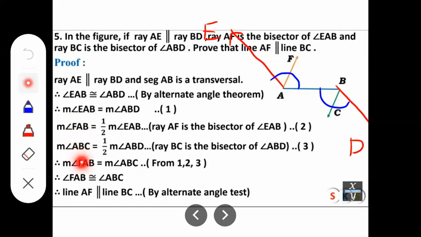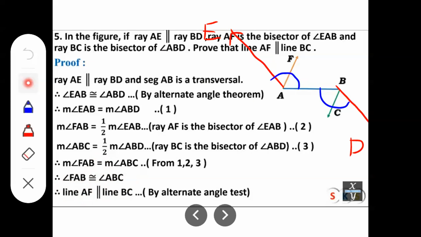So let's write it: measurement of angle FAB is equal to measurement of angle ABC. This is the left side of both equations, and the reason you will write here is equations 1, 2 and 3. Now as their measurements are equal, the angles are congruent. So angle FAB is congruent to angle ABC.